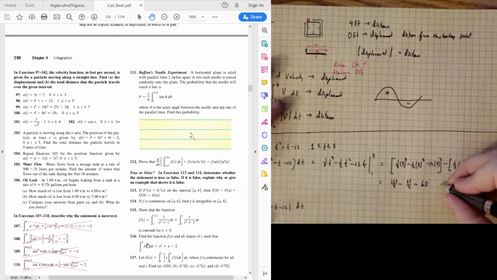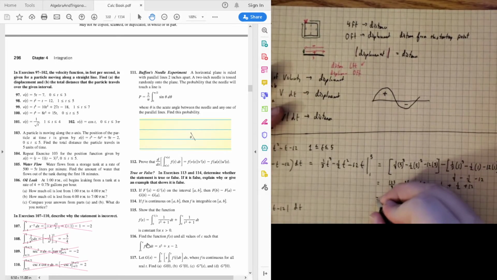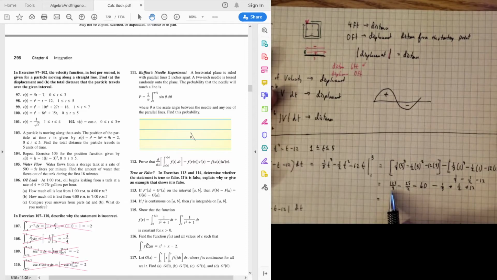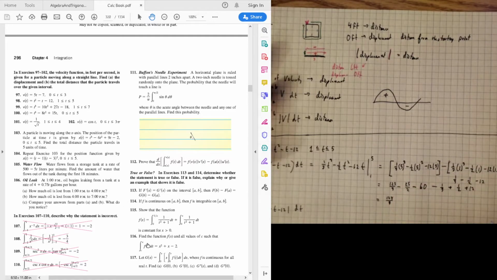Now, I do the negative. So minus 1/3 plus 1/2 plus 12. And from here, I simplify. 125/3 minus 1/3 becomes 124/3, which I believe will simplify. Give me a second. Maybe not.